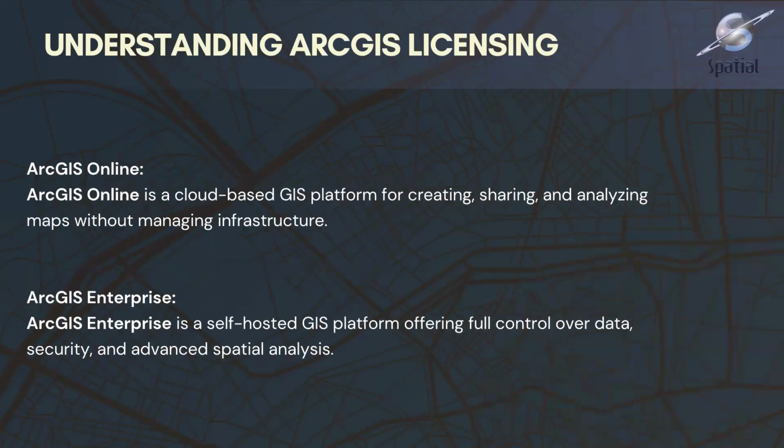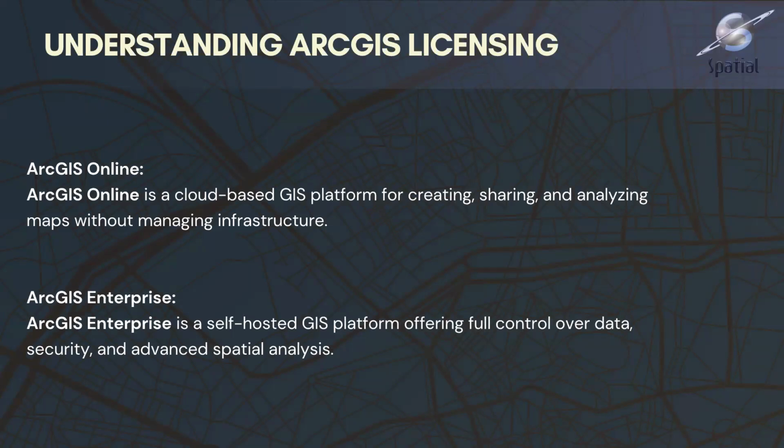Okay, so understanding ArcGIS licenses. You may ask, for those who are new, what is ArcGIS Online and what is ArcGIS Enterprise. So ArcGIS Online is a cloud-based GIS platform for creating, sharing, and analyzing maps without managing the infrastructure. That's the key thing.